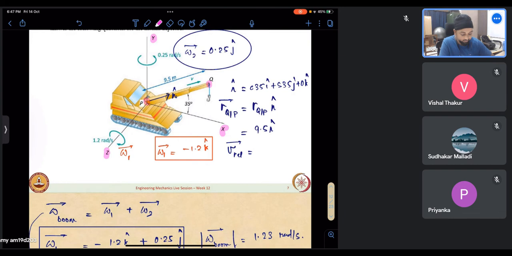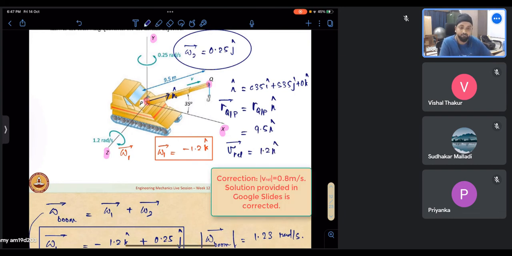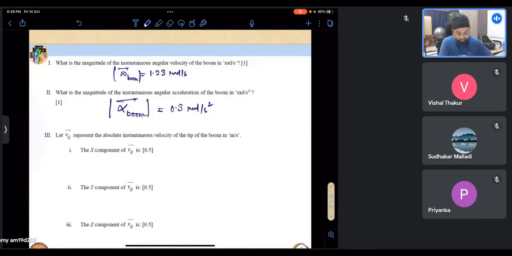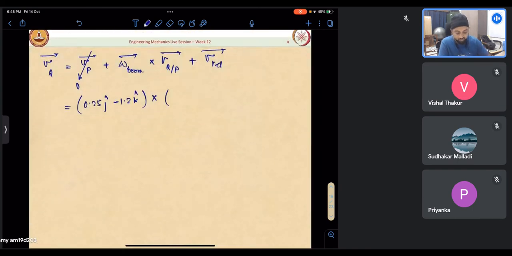So our VREL is nothing but 1.2 n cap. So we know RQ with respect to P, we know VREL now. There is nothing else in the equation that we need to substitute for.